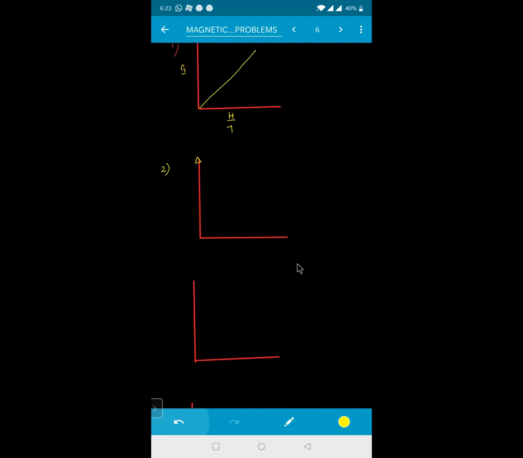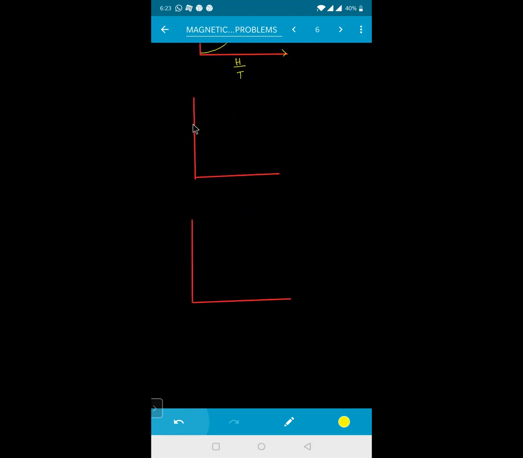The next one is I versus 1 by T, a graph given like this.